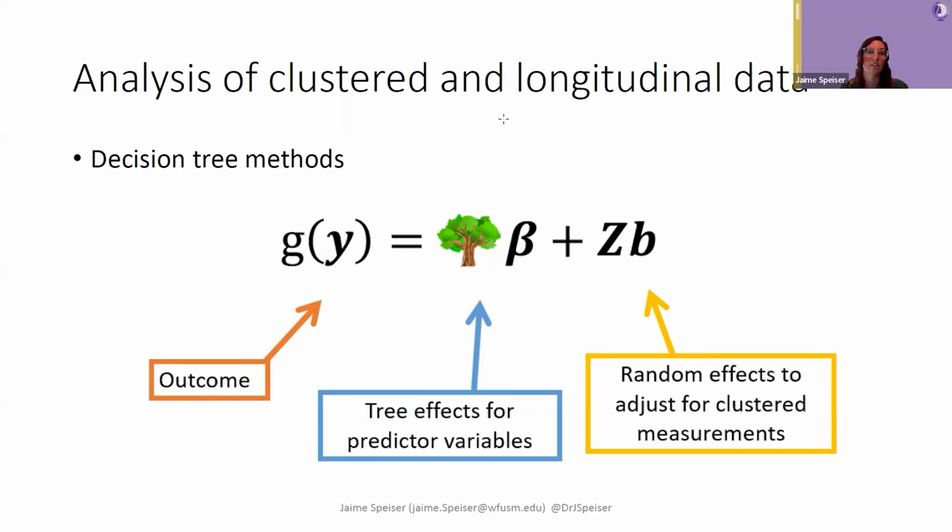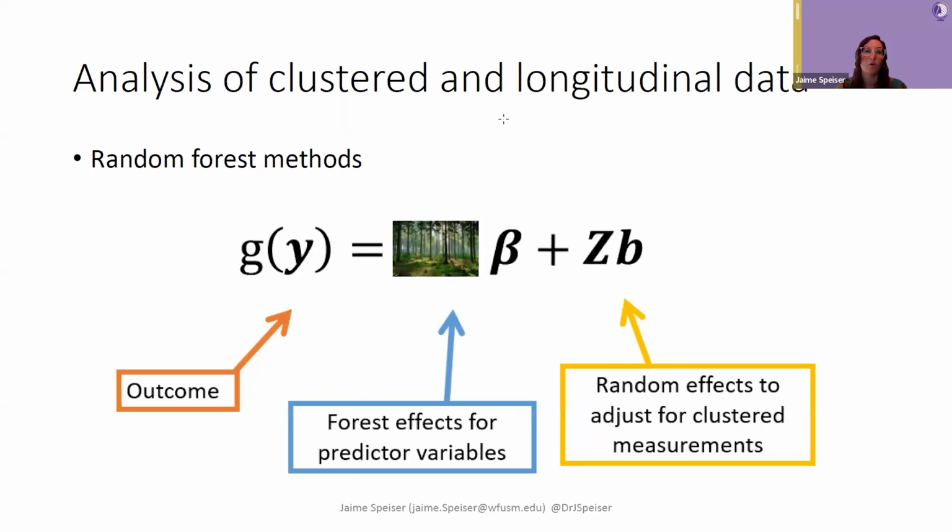You can think of the main idea behind a decision tree method as, instead of using linear effects in that middle term, we would try to incorporate in some way having tree effects or random forest, or you could throw in any type of model into that, such as neural networks or boosting. But the main idea is taking this generalized linear mixed model framework and extending it for these machine learning and AI methods. And then we get the best of both worlds.